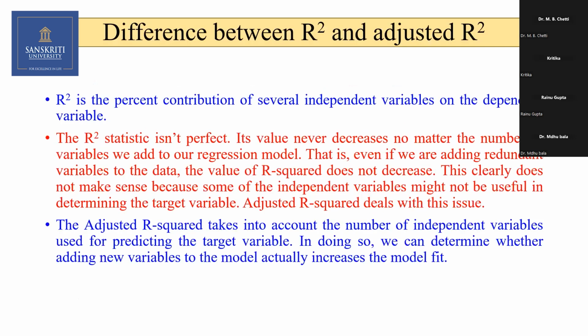And last class, somebody was asking about the difference between R square and adjusted R square. I don't know whether they are here as a participant. Both are percentage contributions only. Only the adjusted R square improves the prediction. It clearly tells you the fit as you go on adding variables.